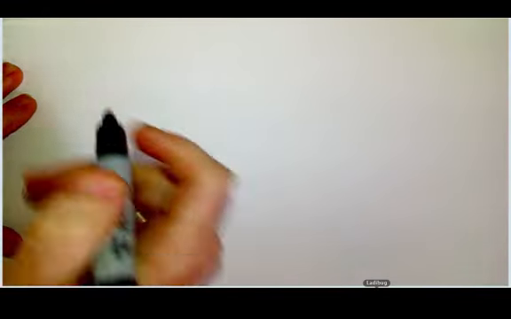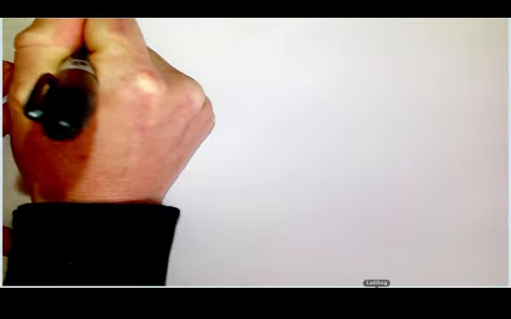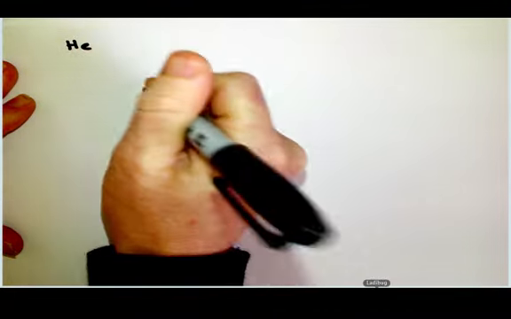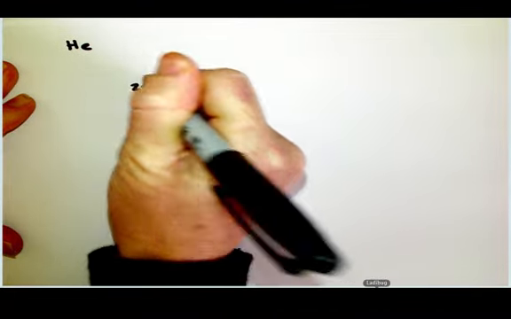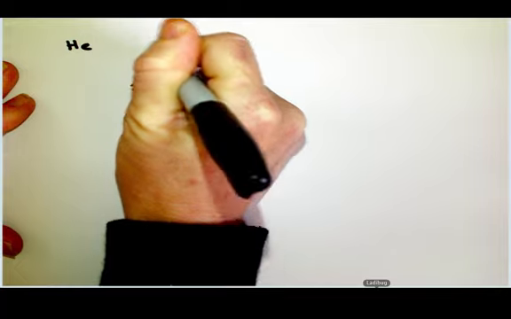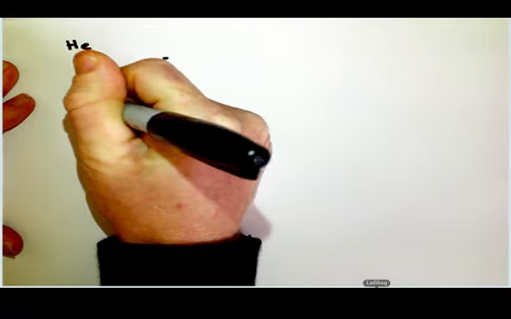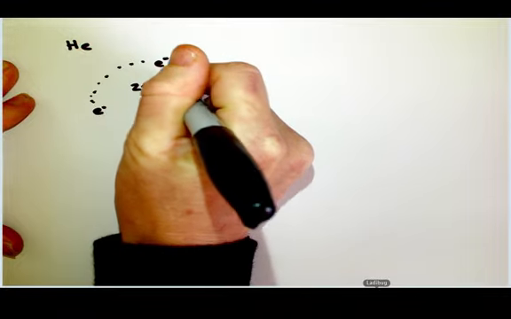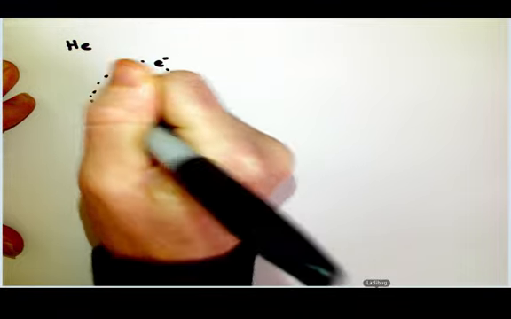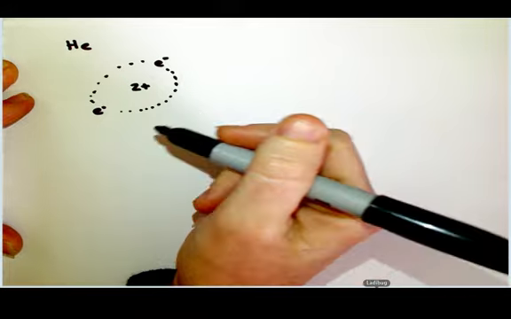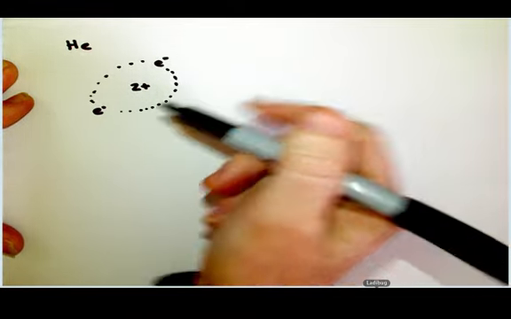Let's look at an example of a single atom. Let's look at helium. Helium has 2 protons and 2 electrons. And we usually imagine these electrons circling the nucleus and staying far apart from each other because electrons would repel each other.